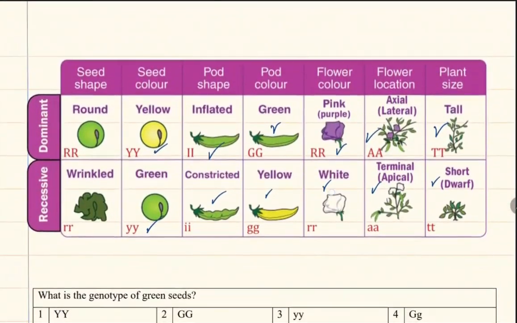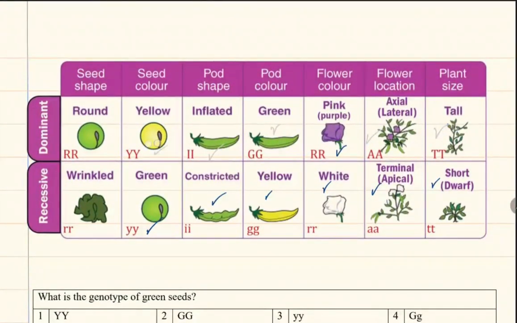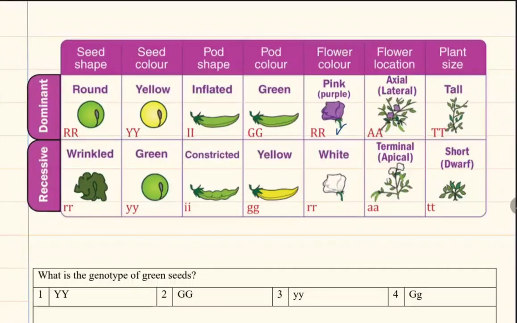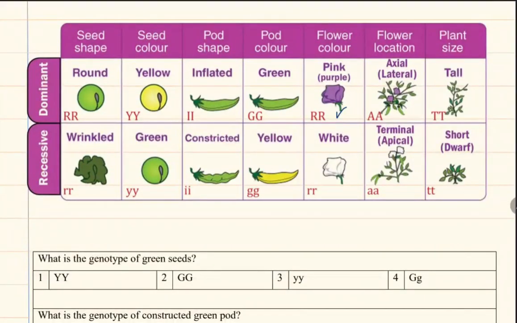Before we start, we need to understand that there are 7 contrasting characteristics in pea plants, and there are dominant and recessive. To be able to study and to answer questions about genetics, we need to be familiar with these genotypes. The genotypes are the letters which represent the characteristics. For example, if we have round seed, we are going to see R capital. This is the dominant.